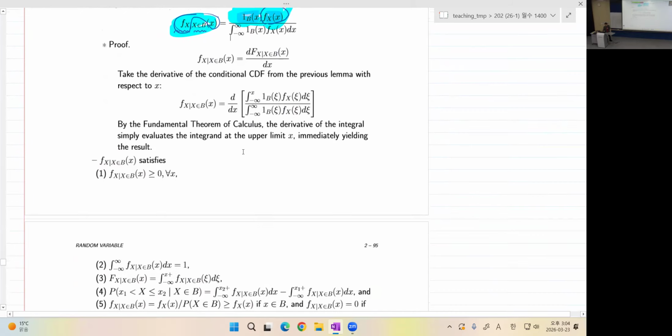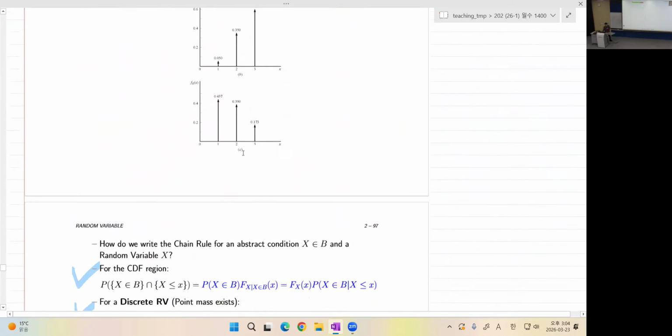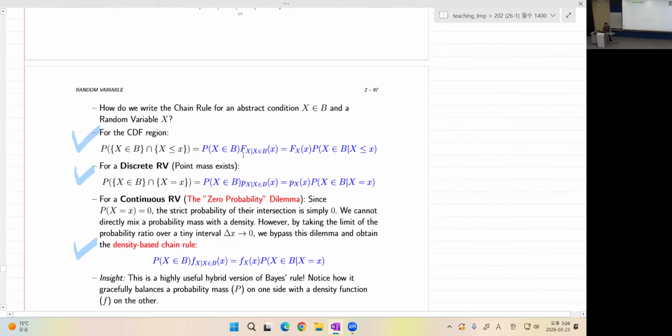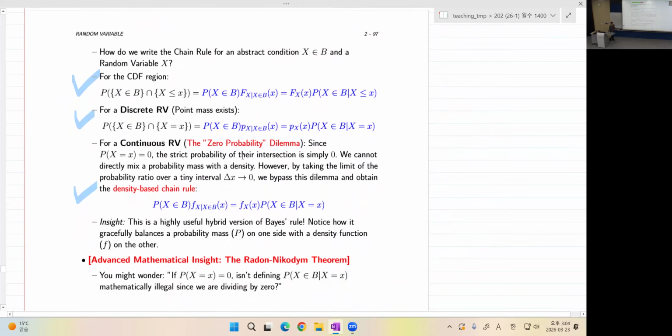Anyway, that's my message. So we are done with the conditional distribution. Now, here goes something far beyond usual undergraduate courses, but I've decided to talk about it. Suppose you want to have a chain rule, because you remember from chapter 1, what was the foremost theme repeatedly appearing in this course?